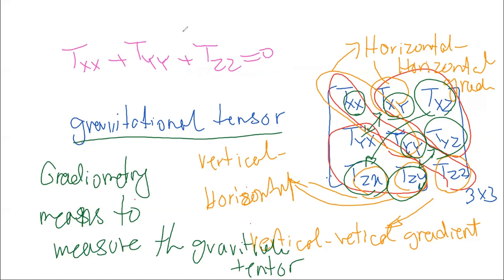This means that this tensor is traceless, because T is harmonic, or the potential is harmonic.